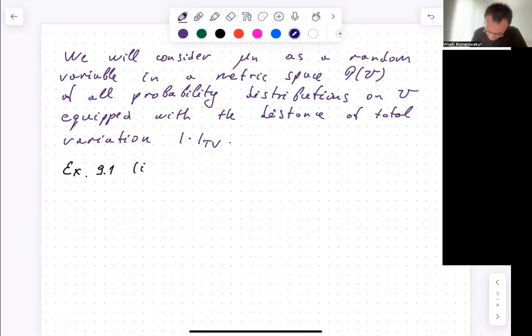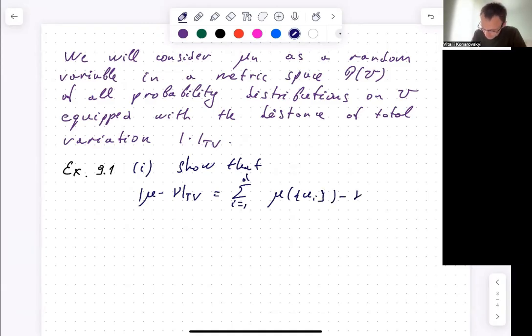The first part is to show that the total variation distance is equal to the sum. You just need to compare the measure of every atom, every point ui, between two measures, and then take the absolute value.